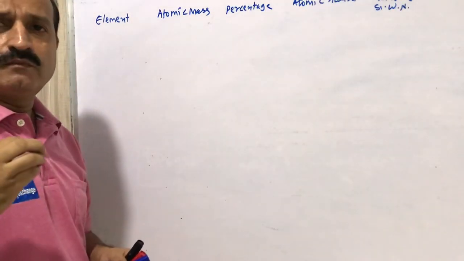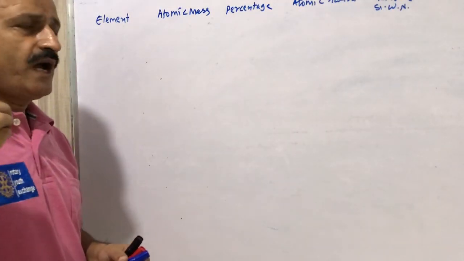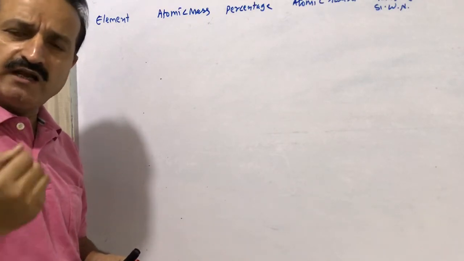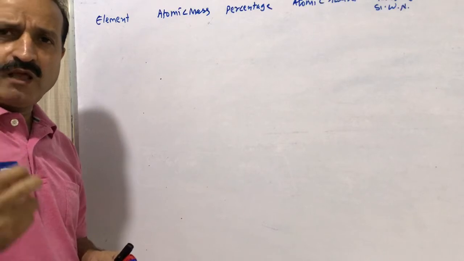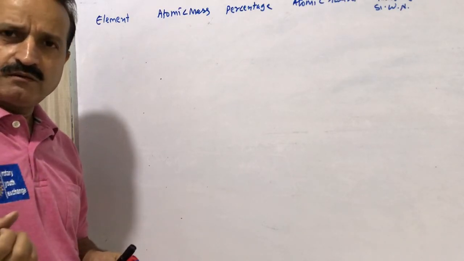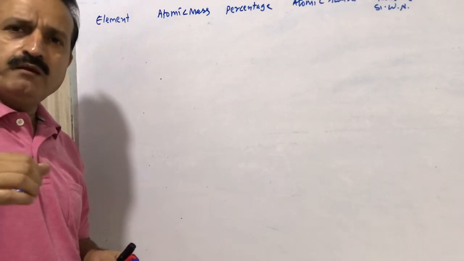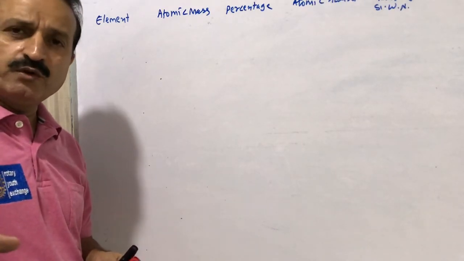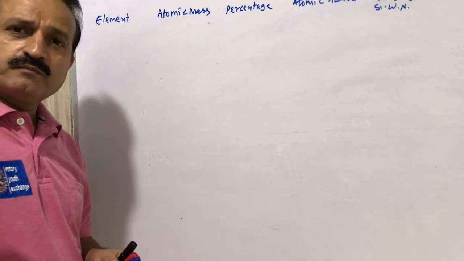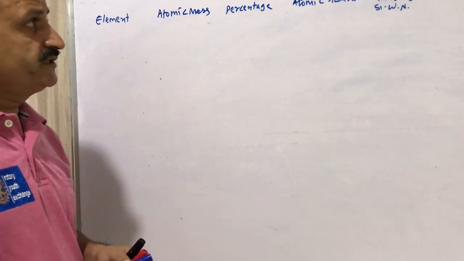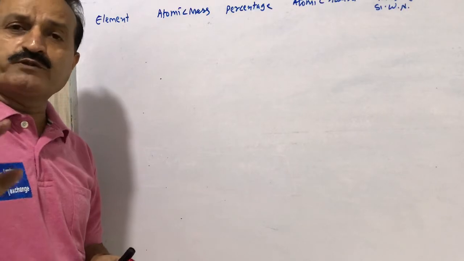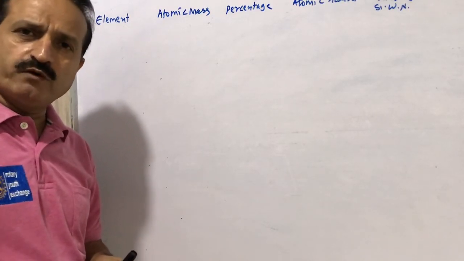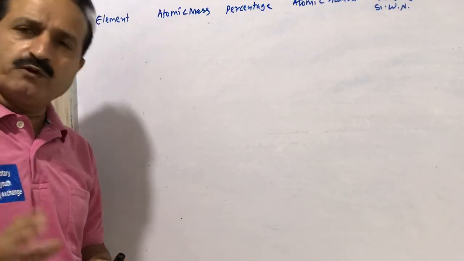E means element, A M means atomic mass, P means percentage, A R means atomic ratio, then RSW ratio of simple whole number, and SW simple whole number.